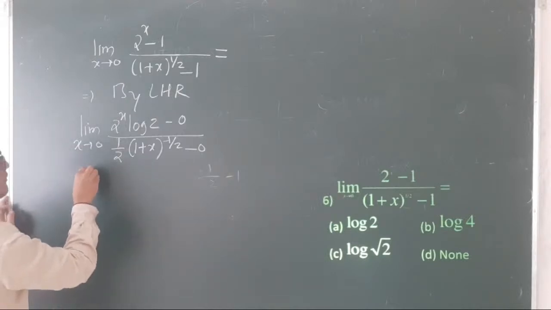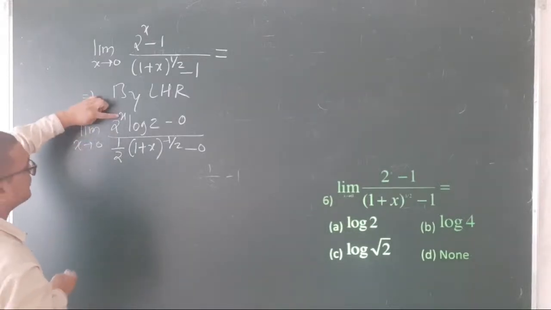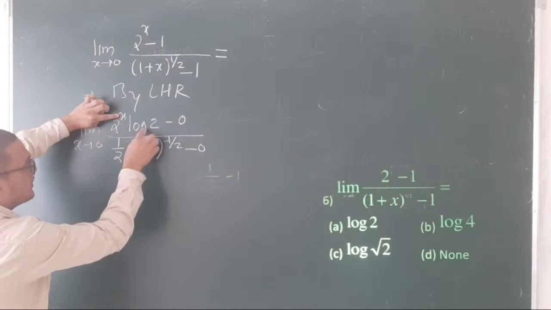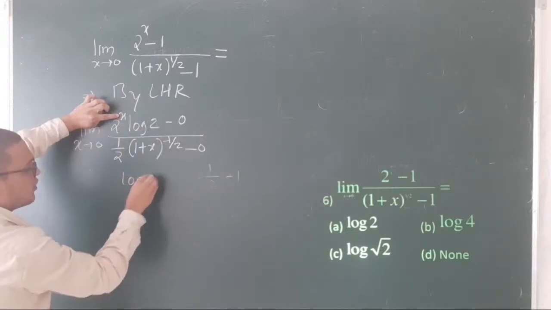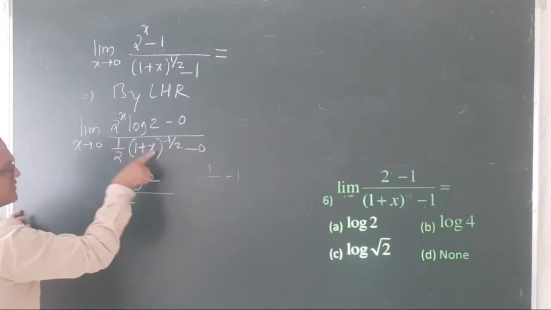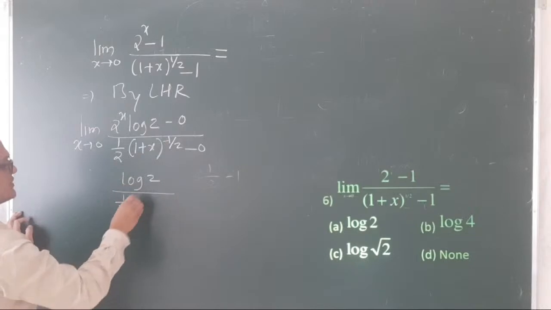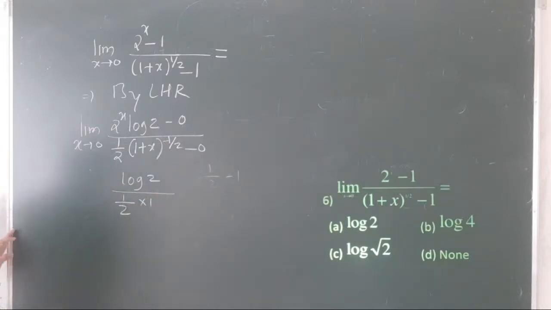Now I think we can put the limit now, just check it. If I put x tends to 0 here, 2 to the power 0 is 1, 1 into log 2 is log 2, divided by half into, x tends to 0 is 0, 1 plus 0 is 1, 1 to the power anything is 1.